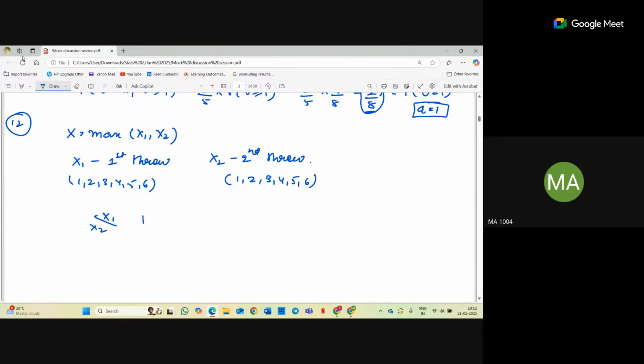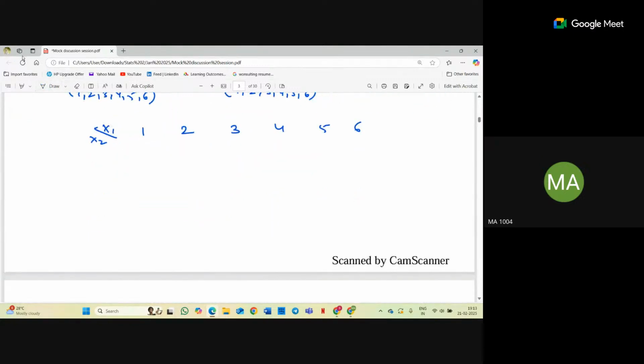Now, if you make a joint PDF here, X1 by X2, X1 takes 1, 2, 3, 4, 5, 6 and here also 1, 2, 3, 4, 5, and 6.